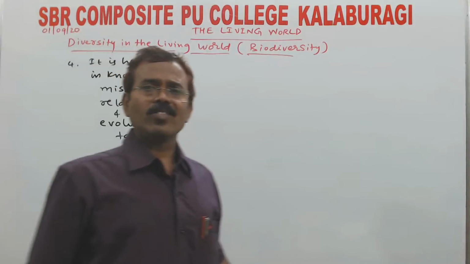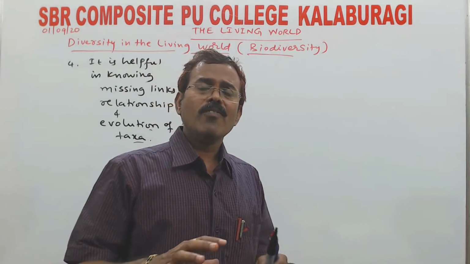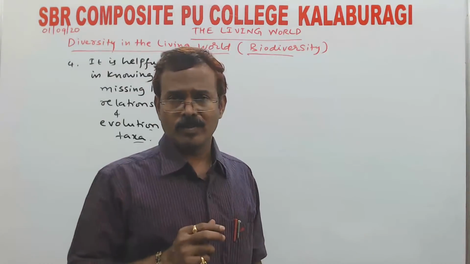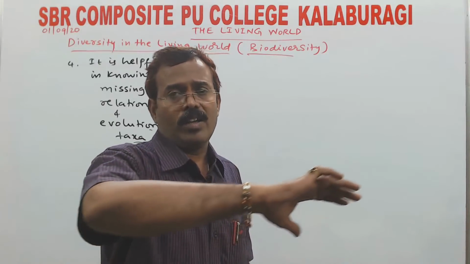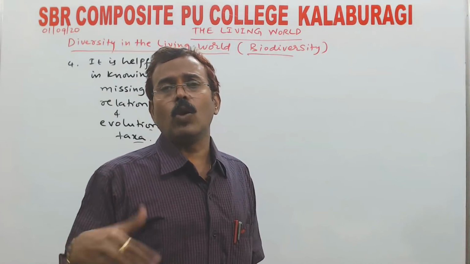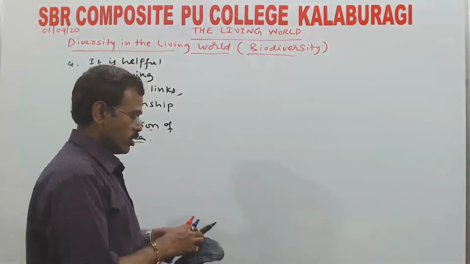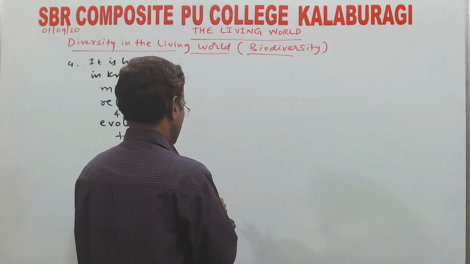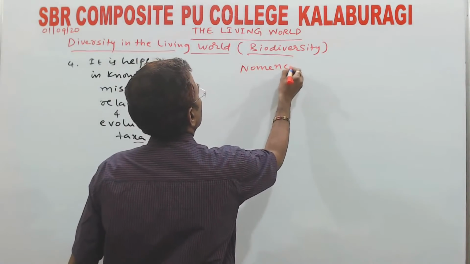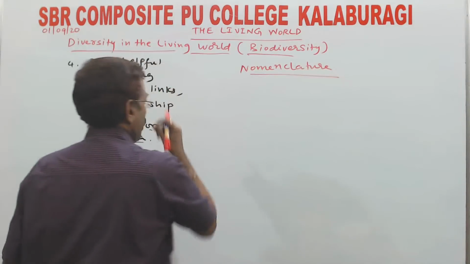See, when we have a large number of plants and animals, only a few have been named, which we are finding in the surrounding habitat with local names, with vernacular names. So we have to study nomenclature.